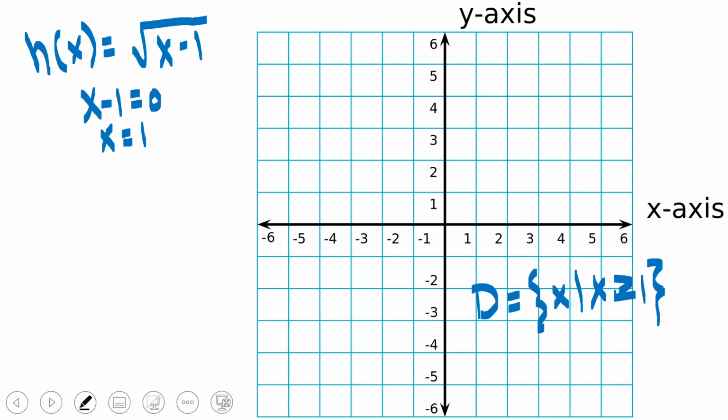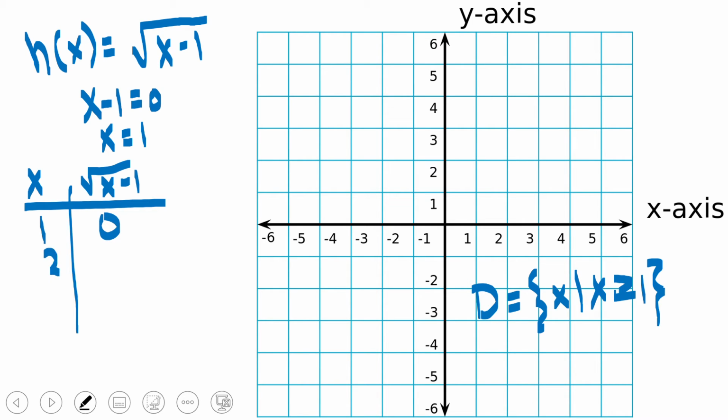Alright, to graph, we want to check it out, see what happens. We can start with a 1 for x. We get a 0 here. A 2 for x, we get a 1. 3 for x, we get a 2 under the root symbol, that would be the square root of 2, which is about a 1.4.